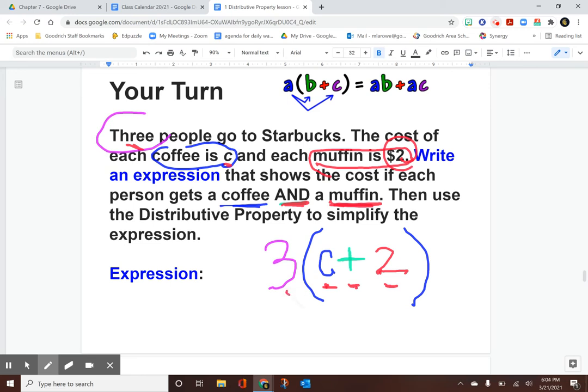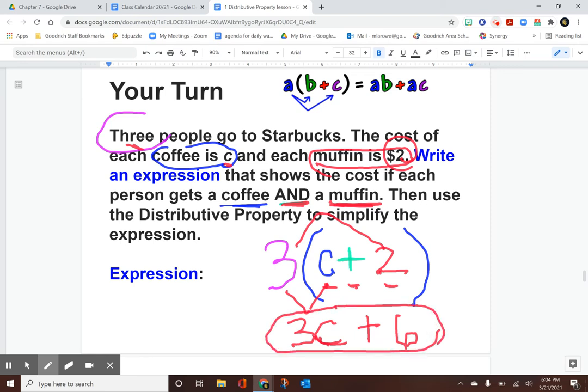So what we're going to do is buy 3 coffees, which is just 3 times C. And as soon as we know the price per coffee, we can buy 3 of them by multiplying by 3. And we're also going to spend 3 groups of $2, which is really $6 for muffins. So a simpler way is to buy 3 coffees and spend $6 extra for a muffin.